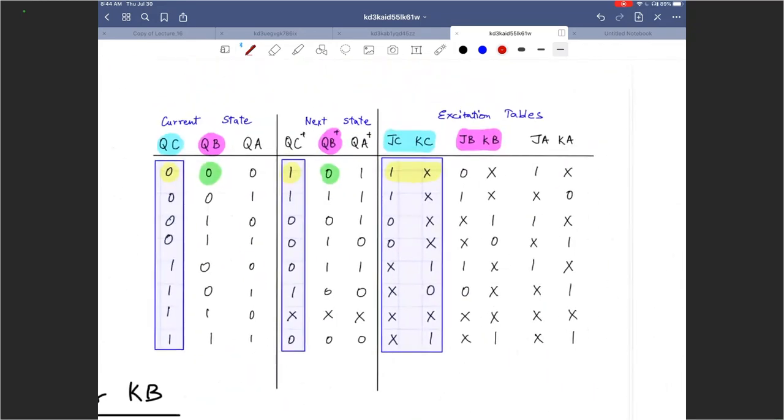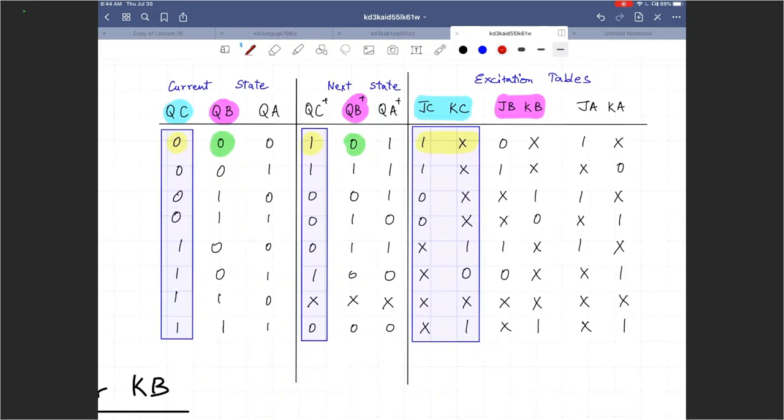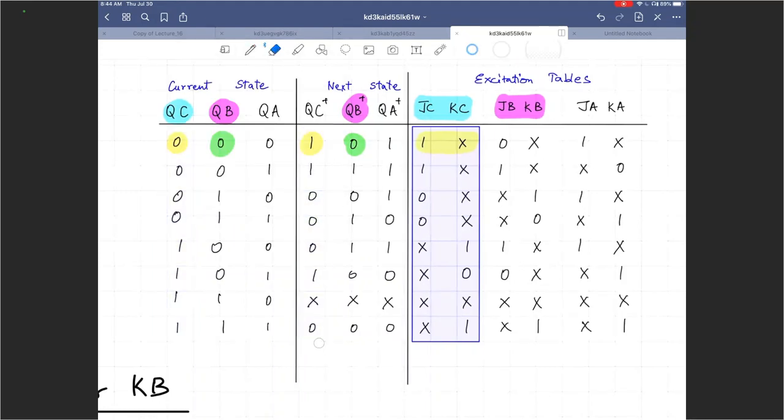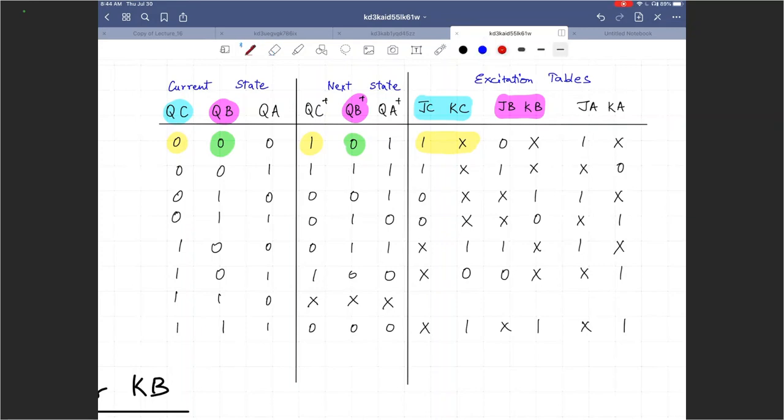I should go back to my table, perhaps erase these, I don't need that. And I should change all these JC and KC values to 0, 1, 1, 1, 1, 1, because that's how I have implemented it.